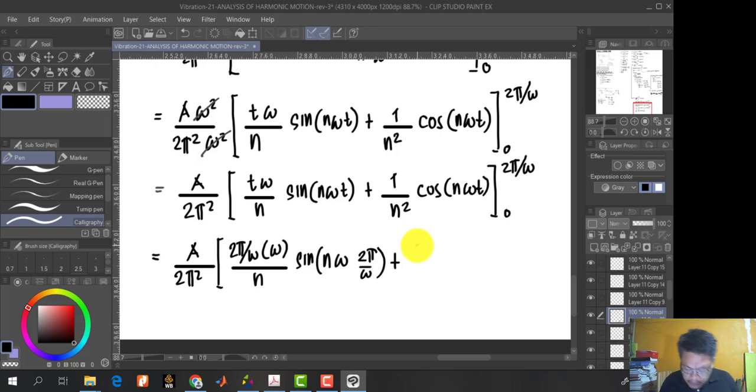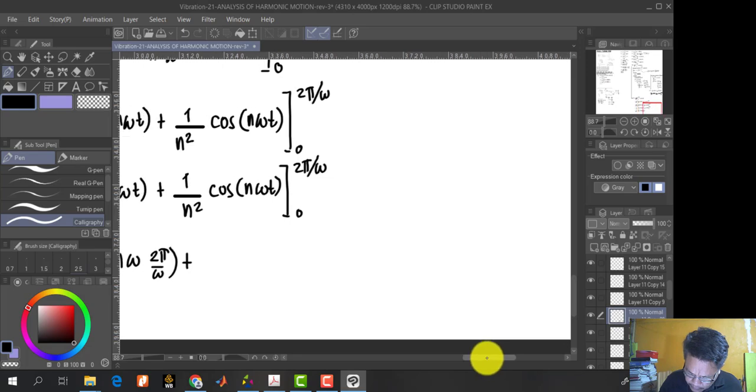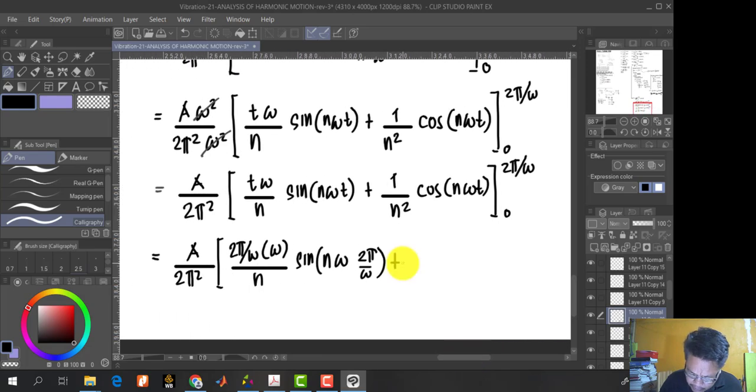And also, of course, we have the minus here, which is 0. Just to properly demonstrate this, I'm going to subtract this one. So we have here the value of t, which is 0, so that will be 0.